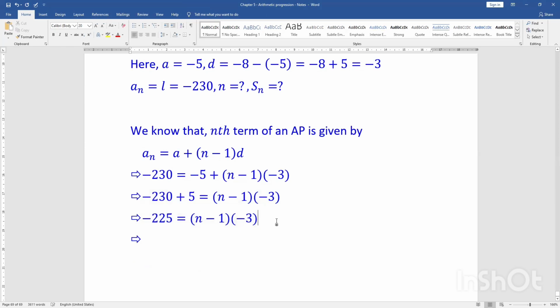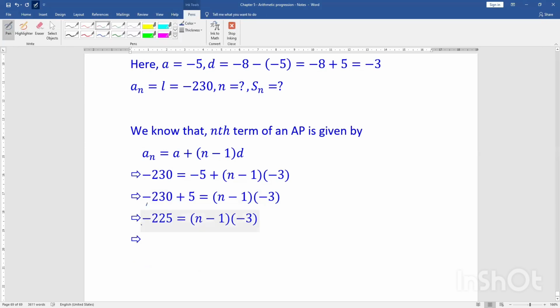First thing, I'm going to cancel off the negative sign. And then 3 ones are 3. How many times does it go? 3 sevens are 21. 3 fives are 15.